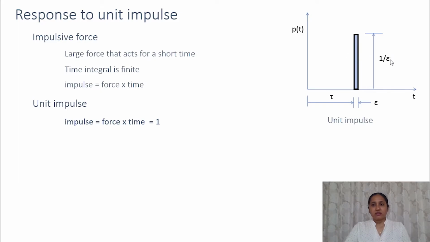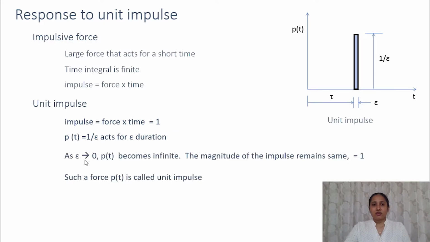So what if this epsilon tends to 0? If epsilon tends to 0, for this product to be equal to 1, the force should be close to infinity. So as epsilon tends to 0, the magnitude of the force becomes infinite.